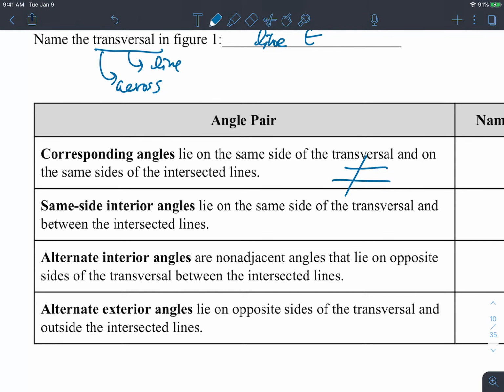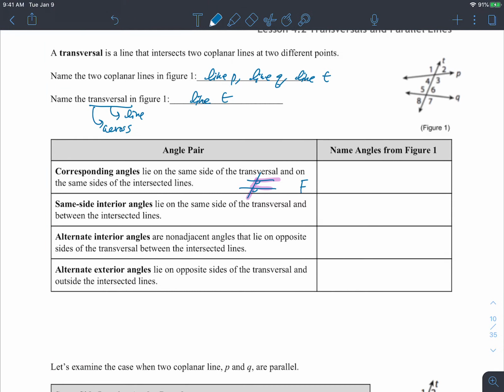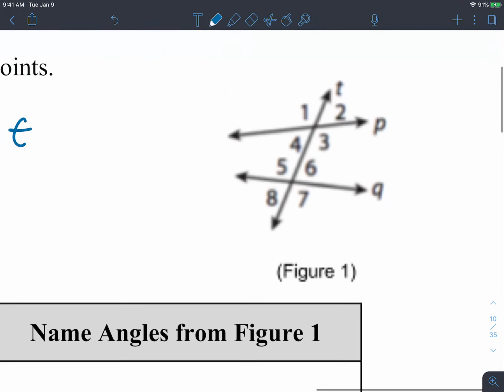So an example of that is this angle and this angle, right? And that creates this shape. This angle and this, and that creates an F shape, doesn't it? Right? Yeah, so it's an F shape. So in this case, the way that we should categorize this, like now I should name the angles from figure 1, but let's just give it a name.